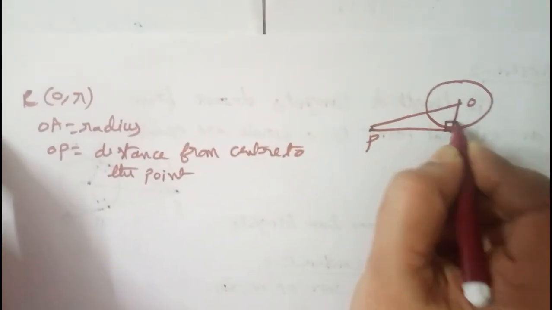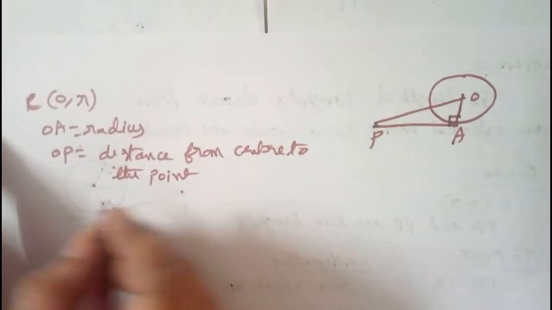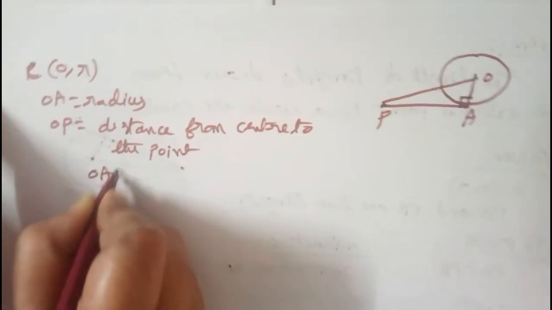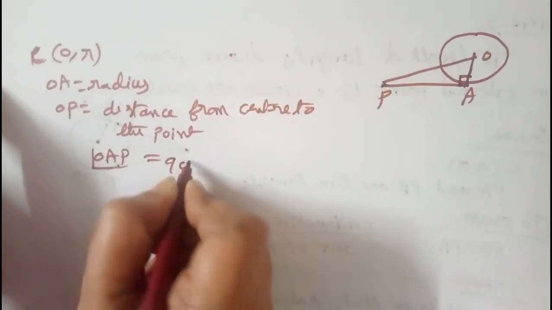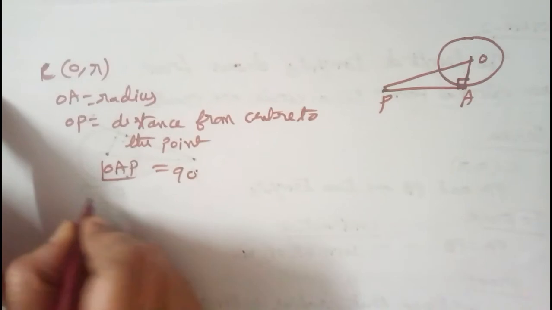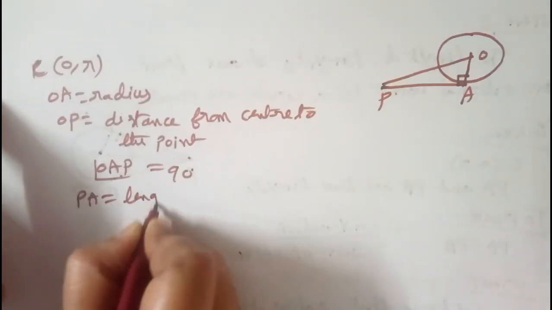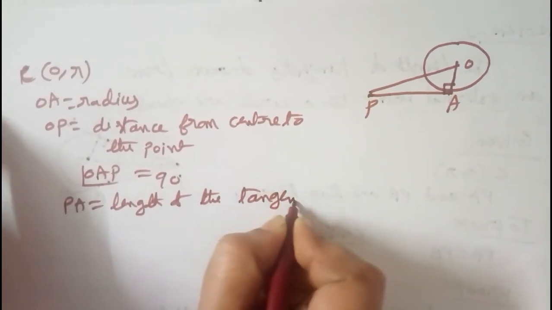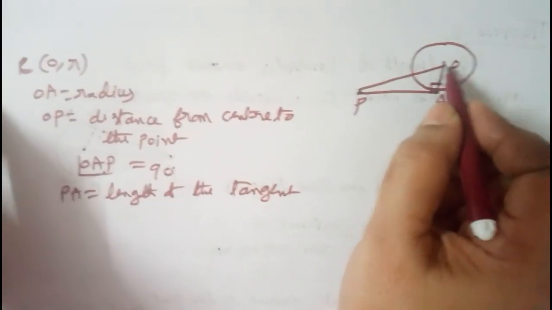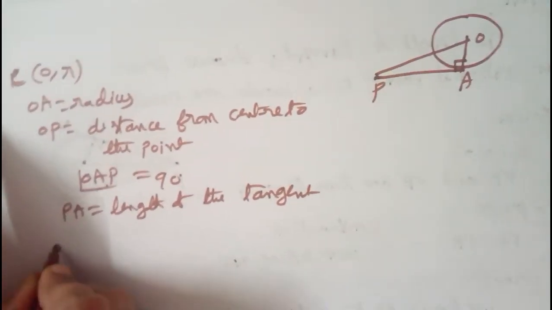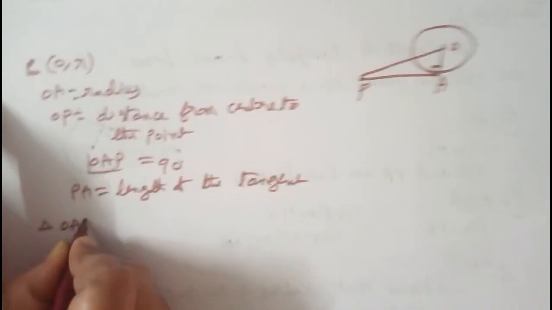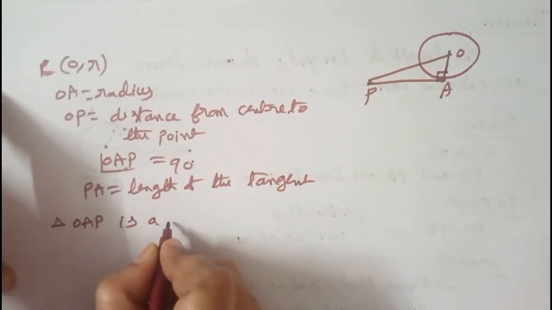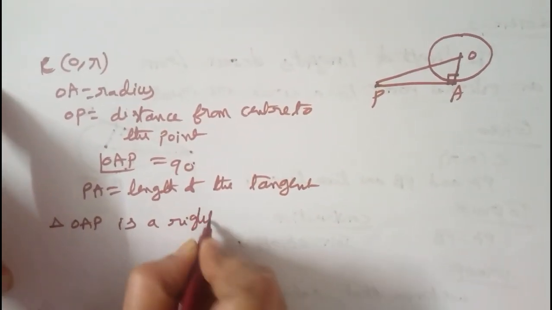We know that the radius is perpendicular to the tangent. Angle OAP is equal to 90 degrees. PA is the length of the tangent. So that means triangle OAP is a right triangle.